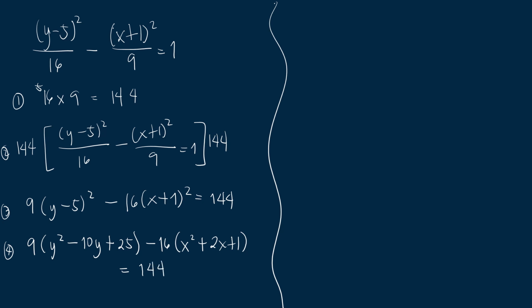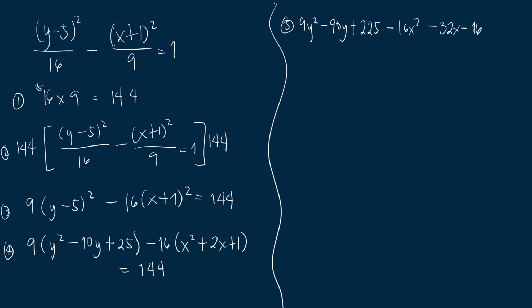Okay? Then, tsaka nyo i-distribute yung 9 and 16. But be careful sa 16. Tandaan siya ay negative. So, there are changes sa sign natin para sa second terms. So, it would be 9y squared minus 90y plus 25 times 9, that would be 225, minus 16x squared minus 32x minus 16.